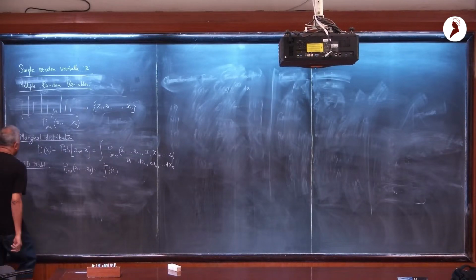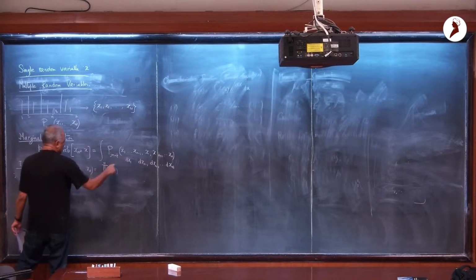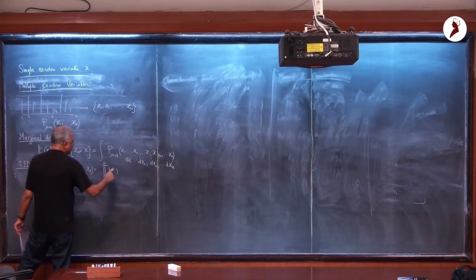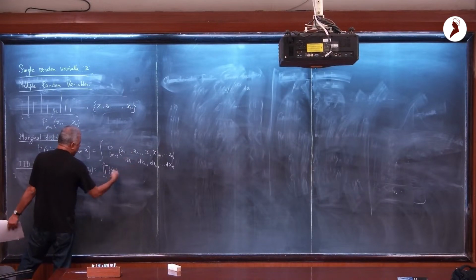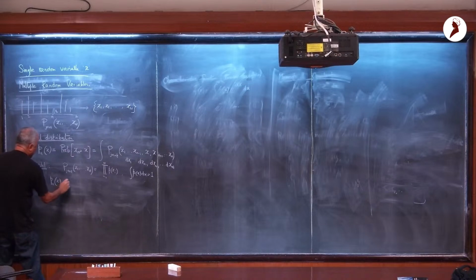So in this case, for this marginal distribution, if I look at the nth guy, where n can be anything from 1 to capital N, I just have to put it there and integrate. But because of the factorization property, all the other integrals are 1 by normalization. So the integral of P of x dx is 1. So P_n of x is just simply P of x, right?